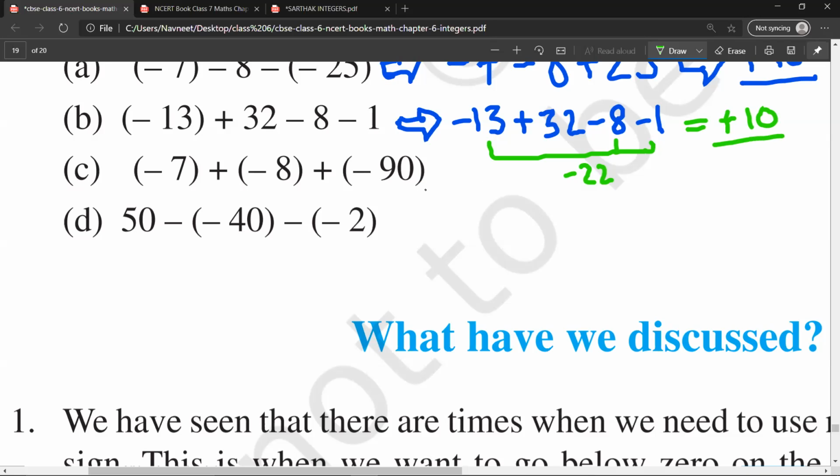Yes. So what is step 1? Minus 7, minus 8, minus 90.